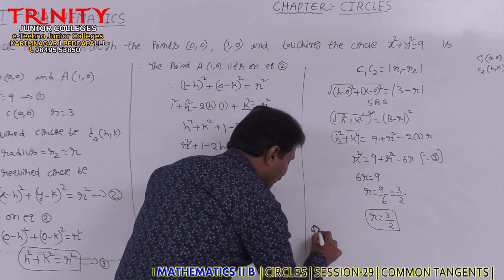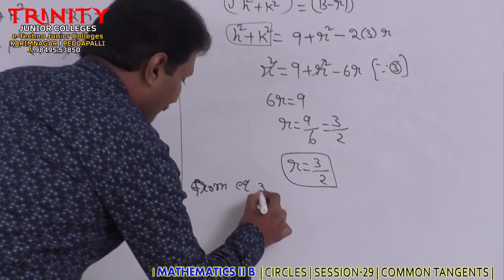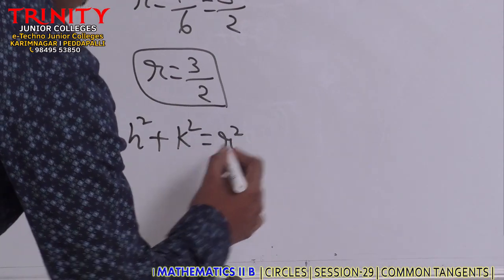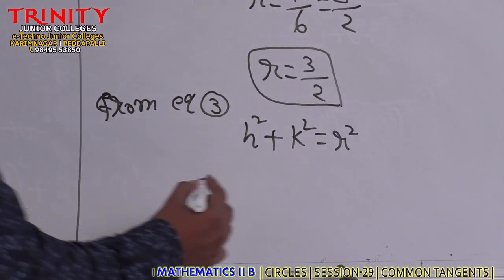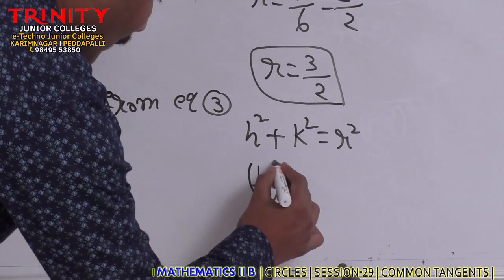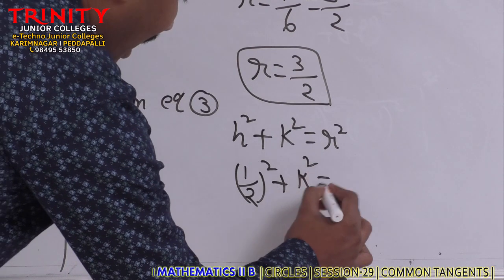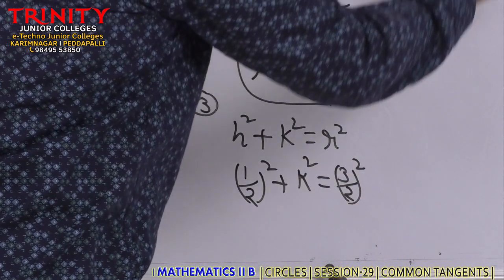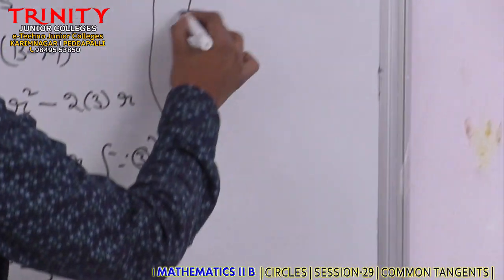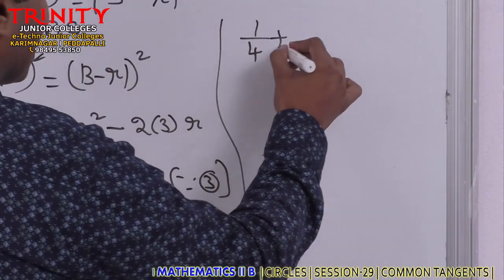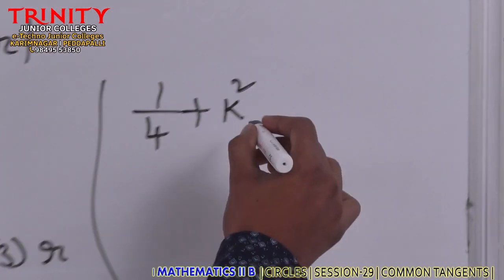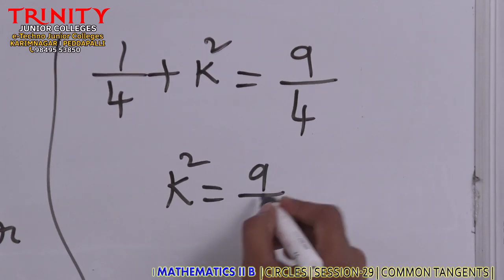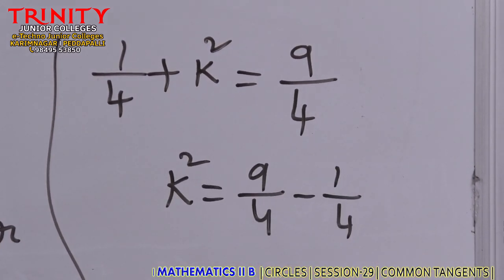From equation 3, h square plus k square equal to R square. Therefore, the h value is 1 by 2, (1 by 2) whole square plus k square, R value is 3 by 2, R square is (3 by 2) whole square. 1 by 4 plus k square equal to 9 by 4. k square equal to 9 by 4 minus 1 by 4.